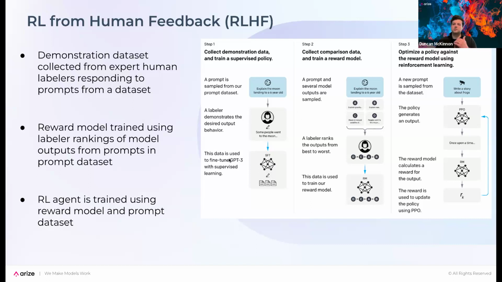That's the decision data set, like a human driver driving to show the model what to do. And this is used to do fine tuning. Yeah, they're doing the fine tuning as part of this workflow.